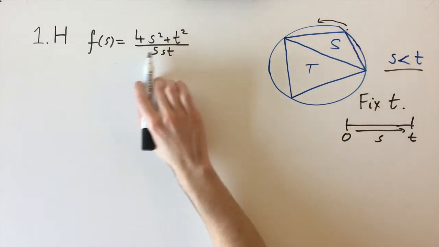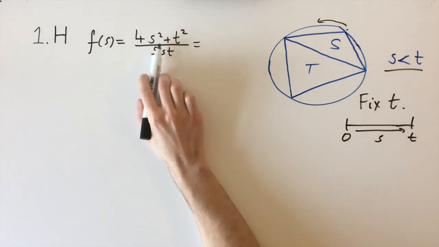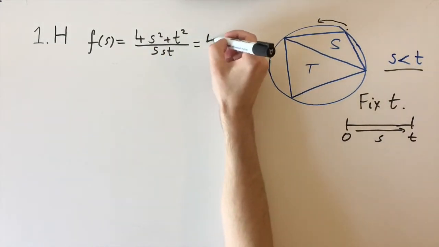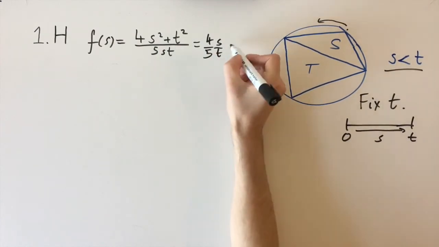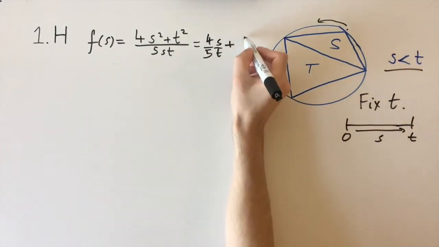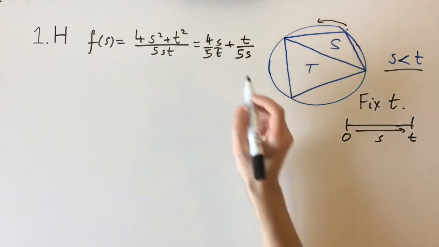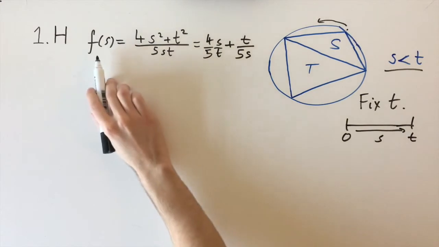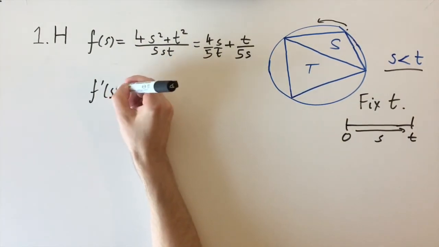We can simplify this first, so let's split this fraction up. 4s squared over 5st is the same as 4 over 5 times s over t, plus t over 5s. So the t's have cancelled. As we were saying, we're going to find the derivative of this function in s, so f dashed of s.